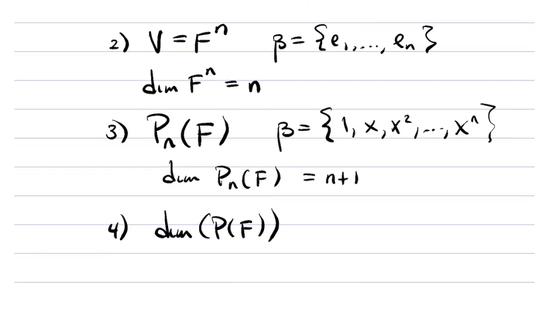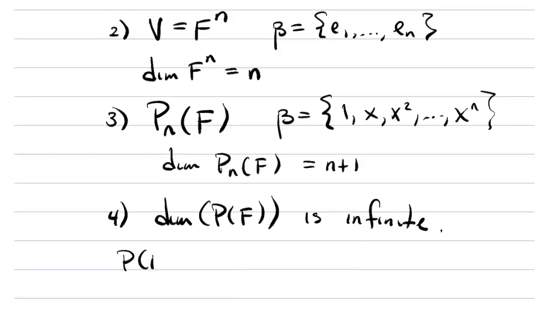If you took any finite subset of polynomials, there would have to be a maximum degree among them, and linear combinations of those things would never have a degree bigger than that. They couldn't possibly span. So this is infinite. P(F) is an infinite dimensional vector space. It can't have a finite basis.